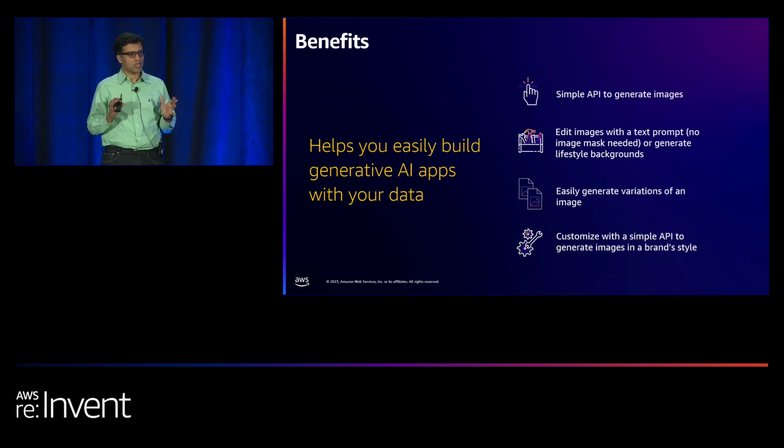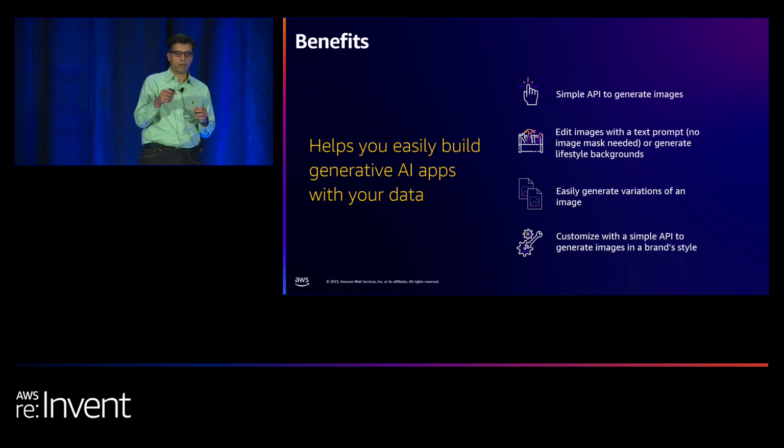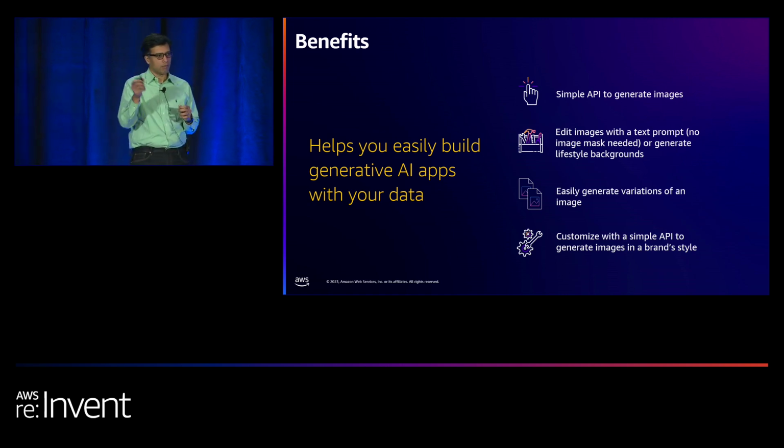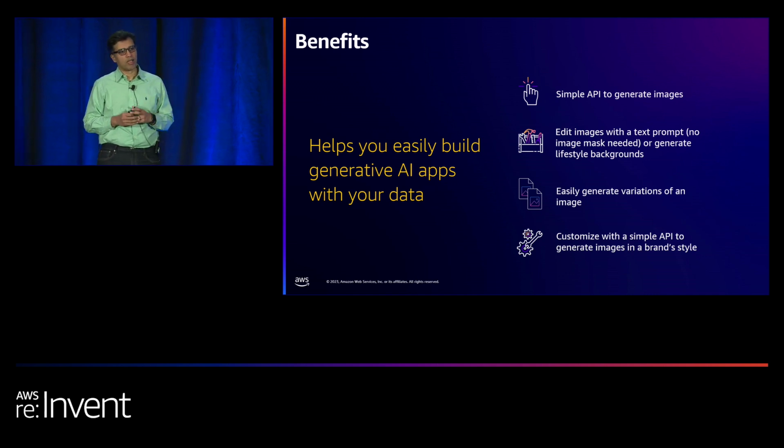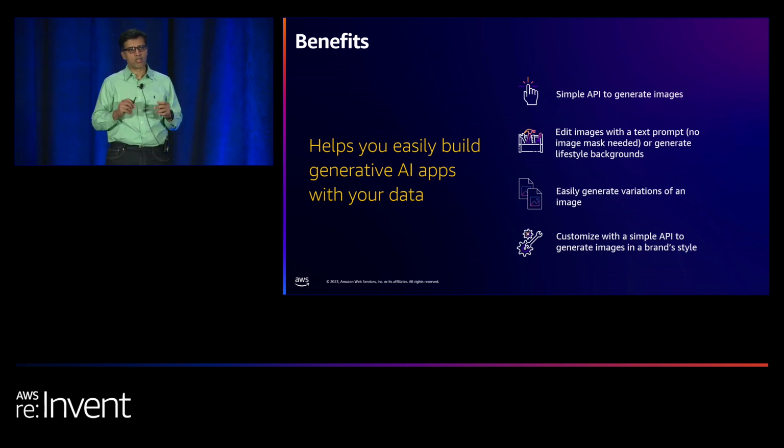A traditional workflow would be to go into the image, take a mask, take your mouse pointer, mask out the regions of the car in the image, and use a text prompt to say, okay, replace this part with a truck. We do support those use cases for people who want to use mask inputs. In addition to that, we also provide an automatic editing feature where you don't have to go in and update the mask. You can use a text prompt and say, okay, replace the car with a truck.